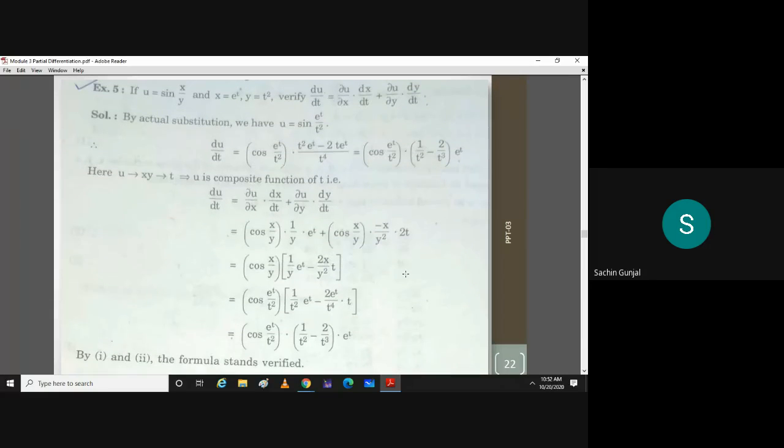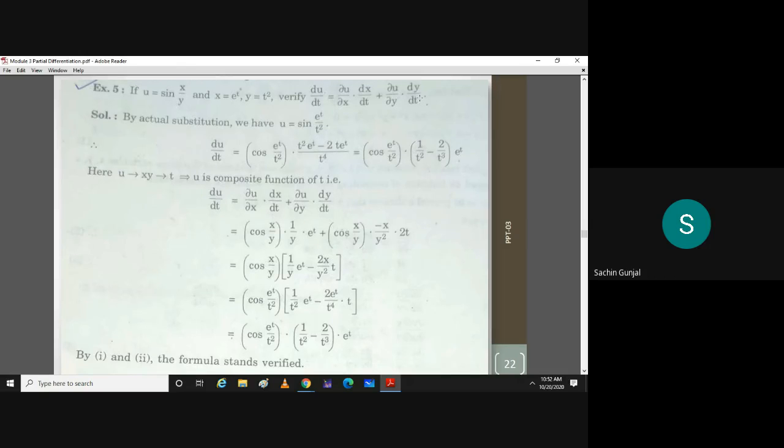This is very easy because it's only about derivatives. So if u is equal to sin of x upon y, and x is e raised to t, y is t squared, then the question is to verify du/dt equal to ∂u/∂x into dx/dt plus ∂u/∂y into dy/dt. That means verify the chain rule.